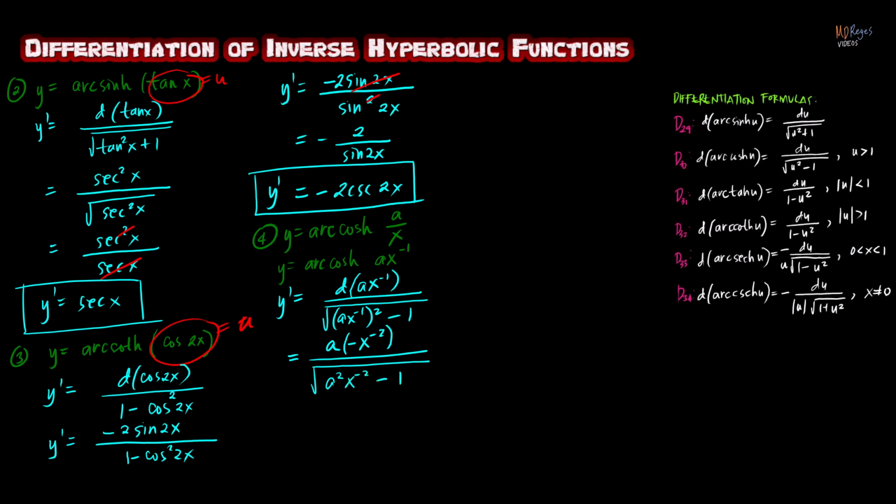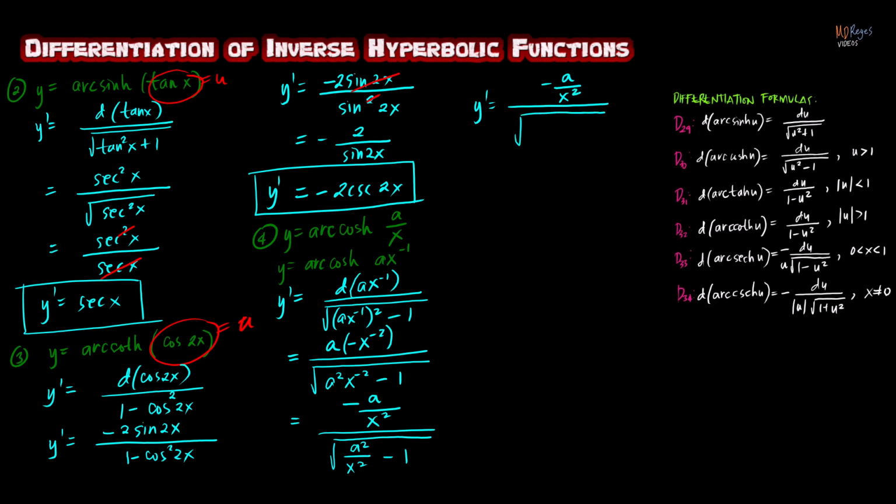Simplifying our answer by making all the negative exponents positive, the numerator is negative a over x squared, and the denominator is the square root of a squared over x squared minus 1. Taking the LCD in the radicand, the numerator is still negative a over x squared.